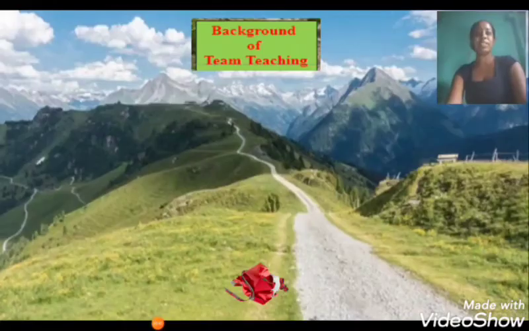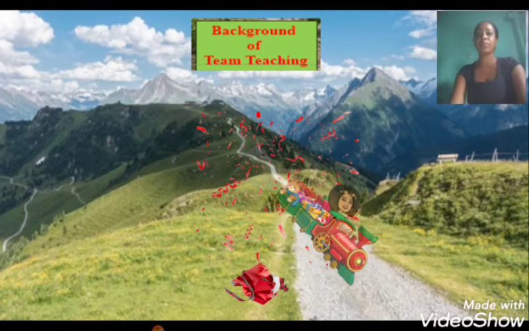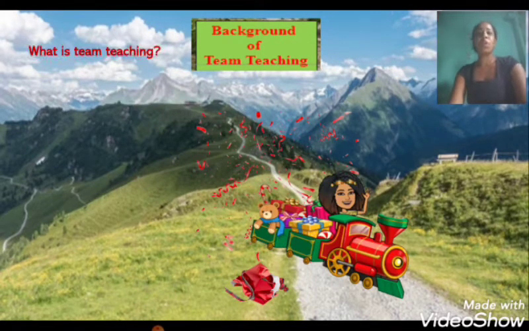We are going to start with the background of team teaching. What is team teaching? Many teachers or student teachers may have the opportunity to partner with another teacher within the same classroom of students during their teaching career. The term is called team teaching or collaborative teaching.